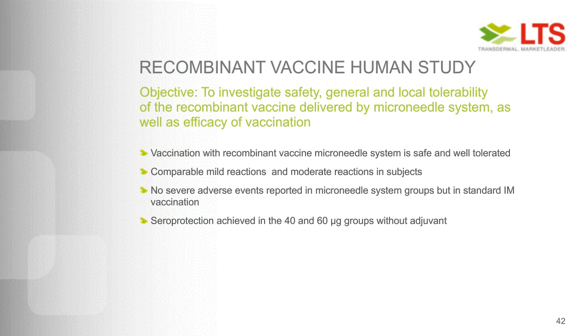It was safe and well tolerated. We had mild reactions from skin surfaces, like you typically have when you apply something on the skin. There were no severe adverse events. And we could see seroprotection at 2 of the doses we used without adjuvant.